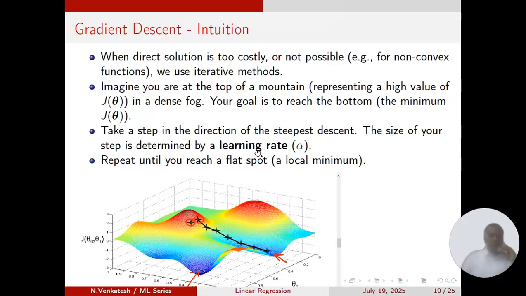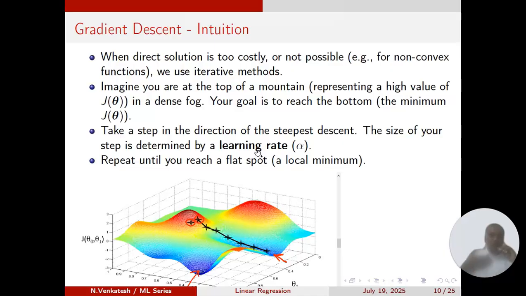An intuitive way of understanding gradient descent method is: imagine you are at the top of a mountain in a dense fog. You cannot see the path, but you can see the slope, and your goal is to reach the bottom.